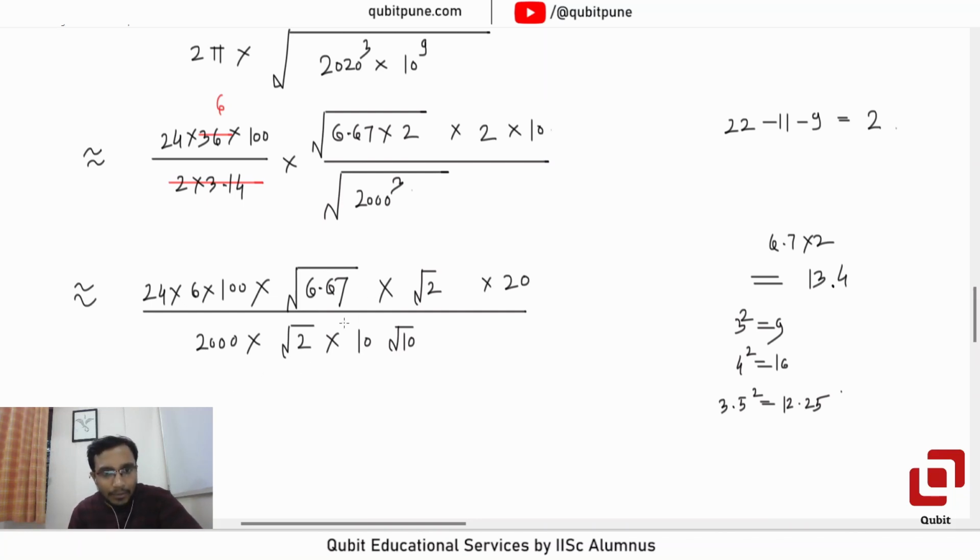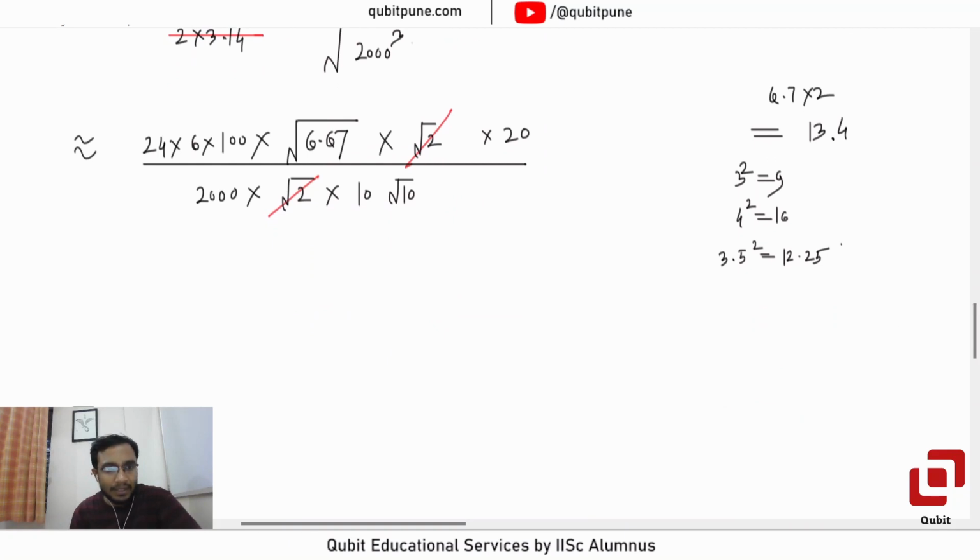So let us now cancel root 2, and also cancel 20 into 10 as 2000. So the final answer reduces to 24 into 6, that is 144, upon 10. 144 upon 10 is 14.4.